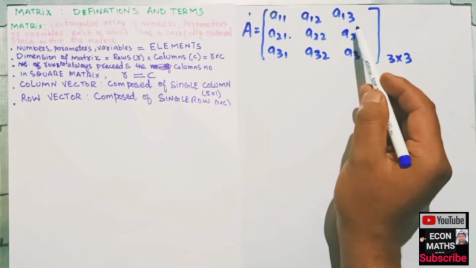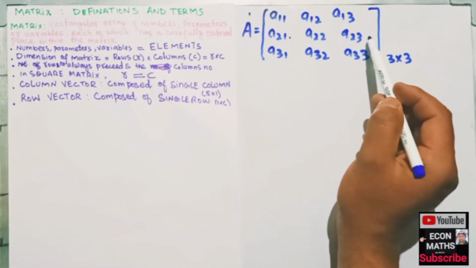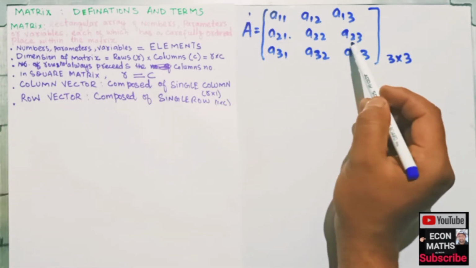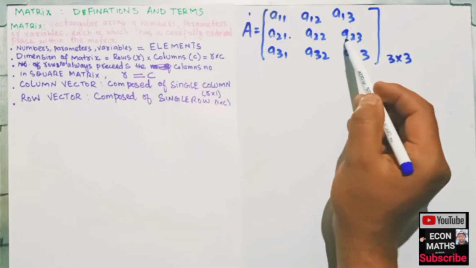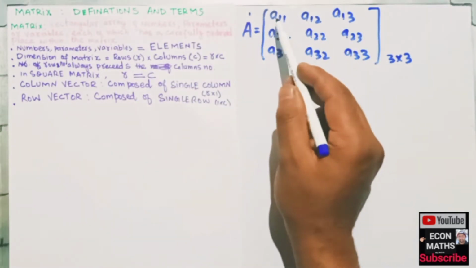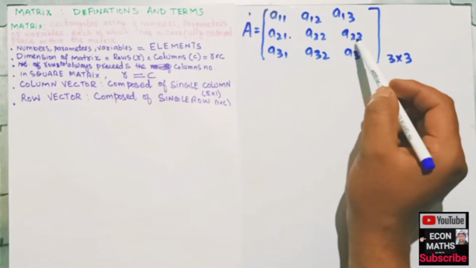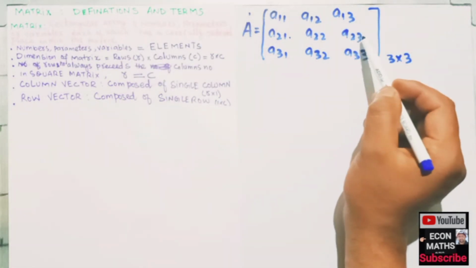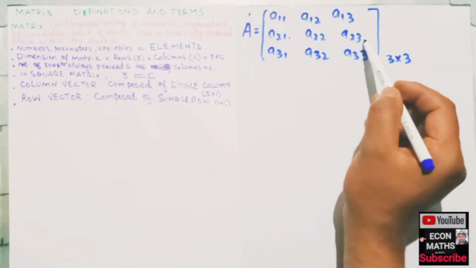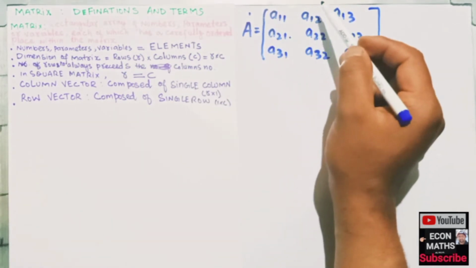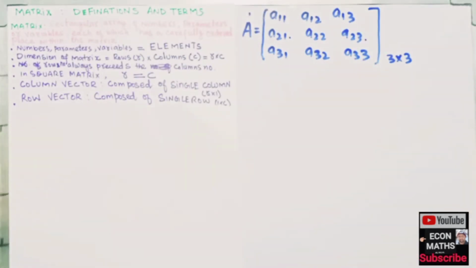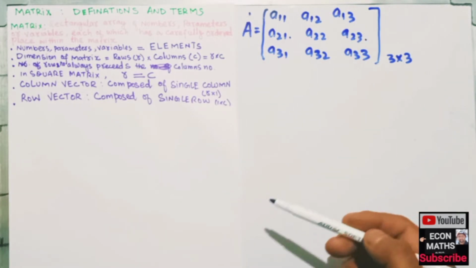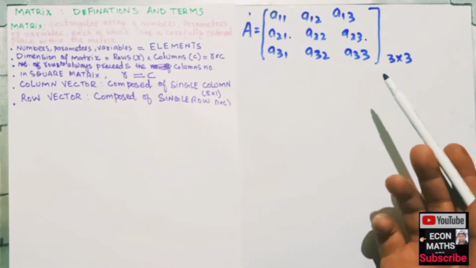Similarly, if I have here A23, this 2 tells us that the address of this element is at the second row, that is first, second. So this tells us it is in the second row, and this 3 tells us it is in the first, second and third column. So these subscripts give us the address or placement of an element in a matrix.